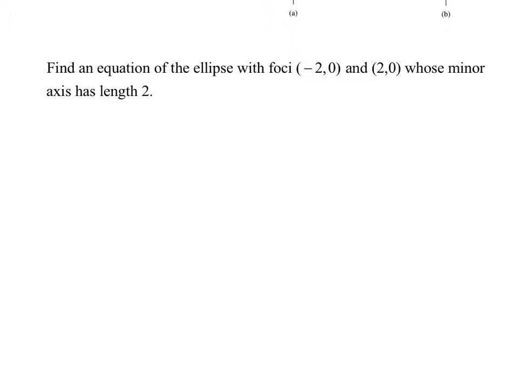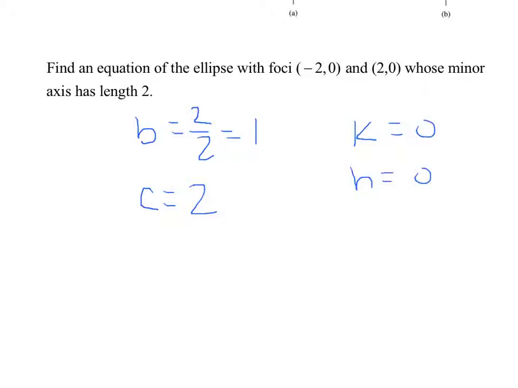So, if the length of that is 2, then we know b equals half of it. So we know b is 1, and I know c: if I look at the foci, (-2) squared is 4 and 2 squared is 4, so I know c is 2. And I know k is 0 and h is 0, because for the foci, h plus c equaled 2, and since they're 2 and -2, h has to be 0.